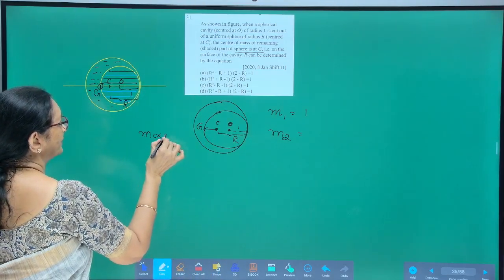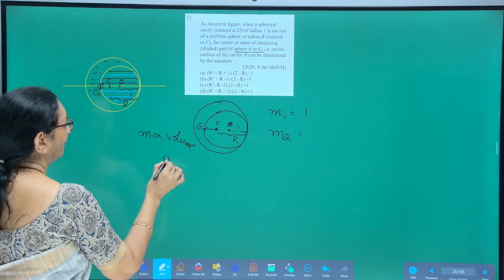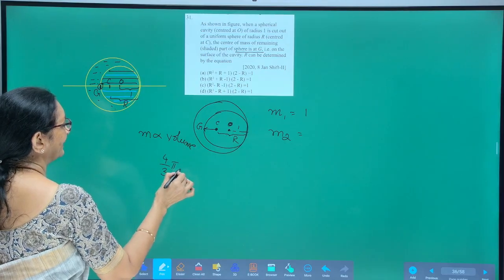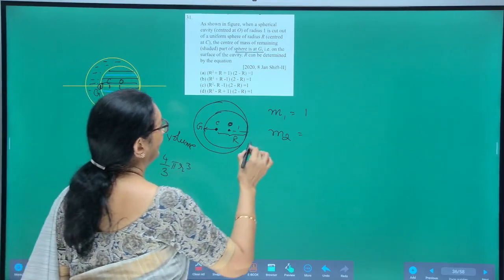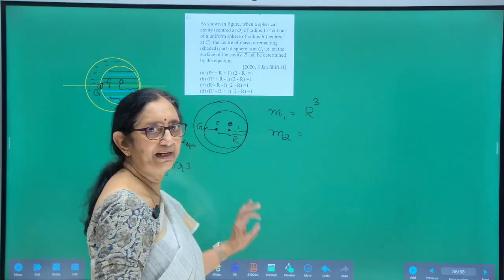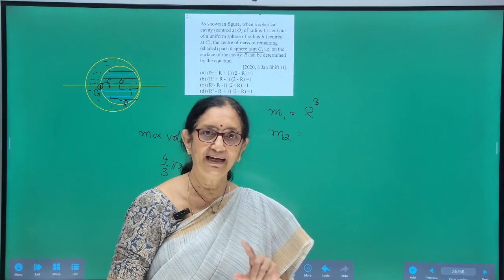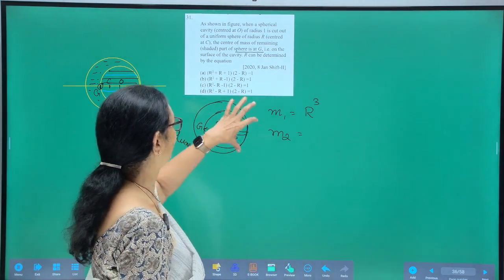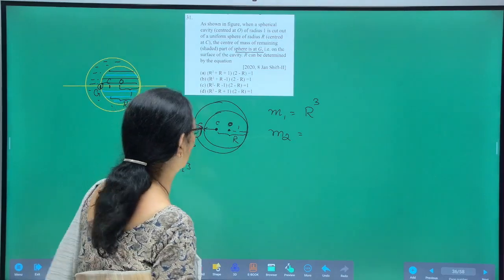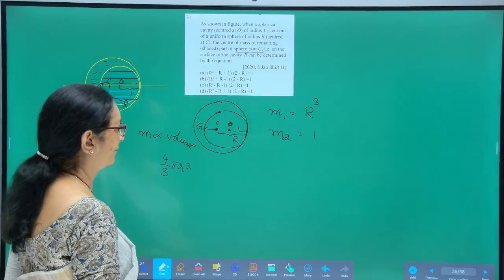Mass is proportional to volume, and the volume of a sphere is 4 by 3 pi R cube. Let us take the proportionality constant 4 by 3 pi as 1. So the mass of the entire sphere becomes R cube, and the mass of the cavity becomes 1 cube, that is 1.